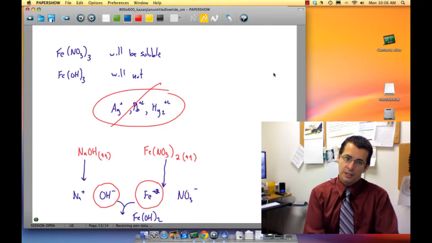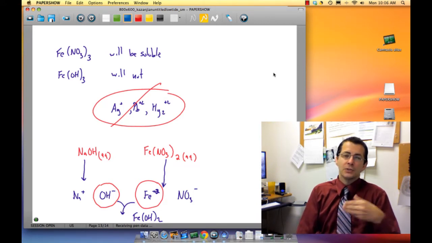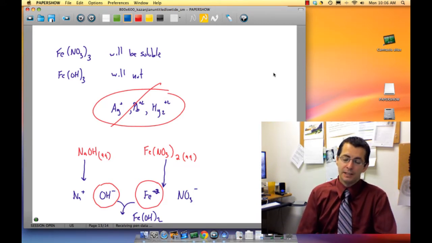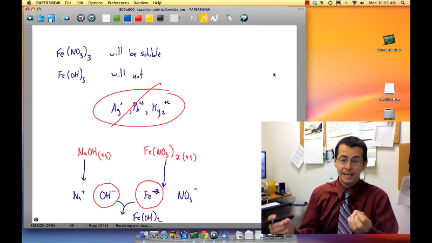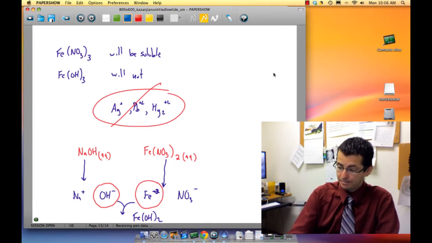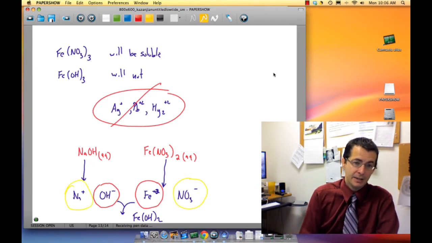These are precipitation reactions. So solubility rules indirectly also tell us which reactions will take place. And the way we look at them is we compare the cation of one and the anion of the other. These other materials are what we call spectator ions.